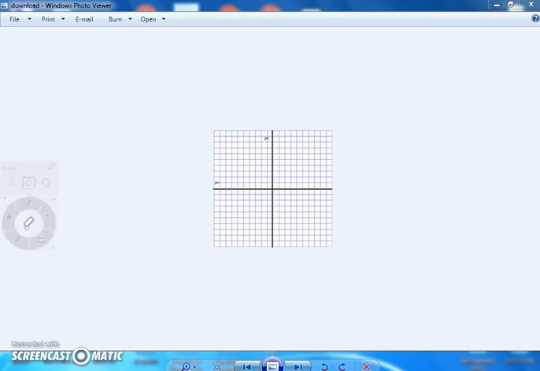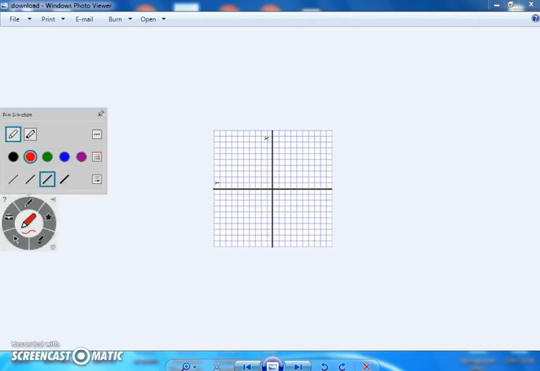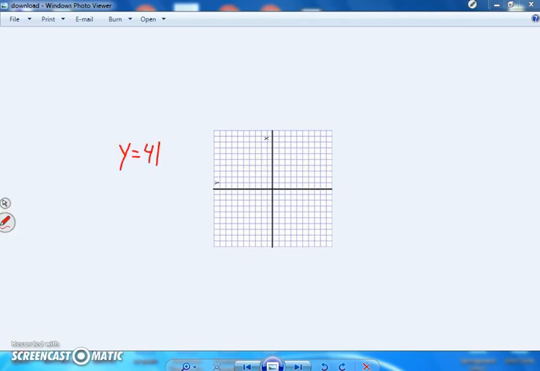Okay, question number 2. Question number 2 says to graph 4 absolute value of x plus 2 minus 4. As you guys know, the first thing I'm going to do is go left 2 and down 4.